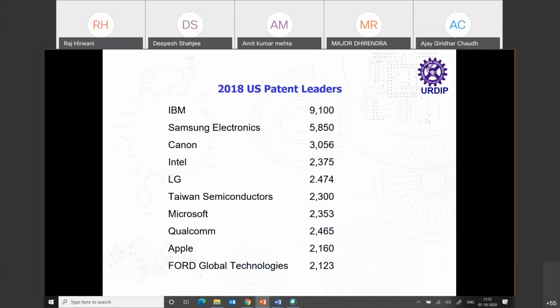Let us look at the 2018 US patent leaders. I also have a table for 2019 which is not here. The first 10 top names from the US patents. IBM at the top, 9,118. In 2019 they got 9,300 patents. Samsung is number two, currently with about 6,000 patents. Canon, Intel, LG.